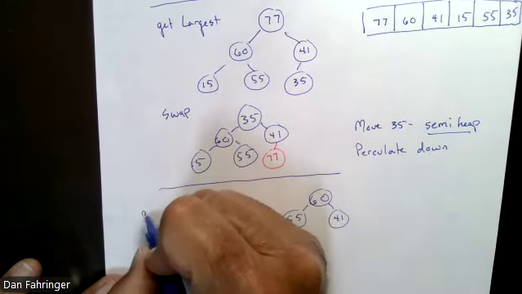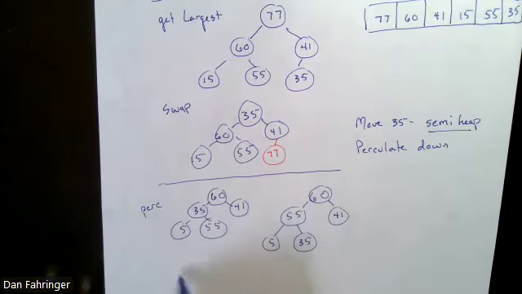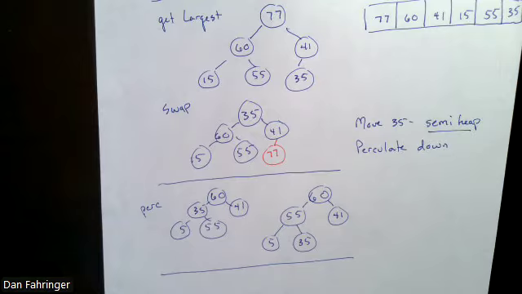I did a percolate from here to here, and do it again. Make the swap. Put 60 down here at the end. 35 would go up. Now I'm ignoring 60 and I'm deciding which way that 35 is going to go. Yeah, code for that. Hopefully that's interesting code.